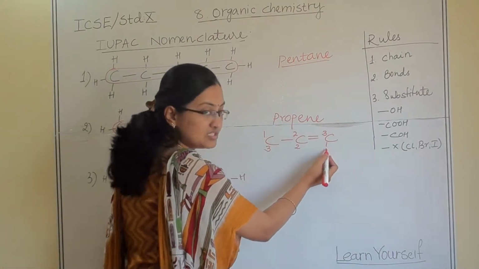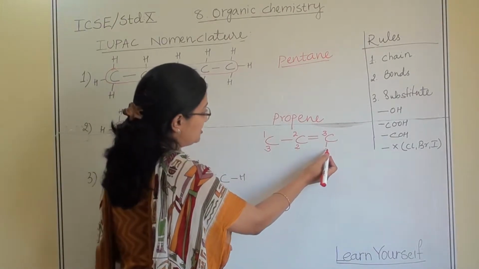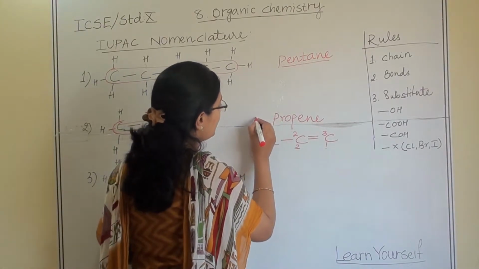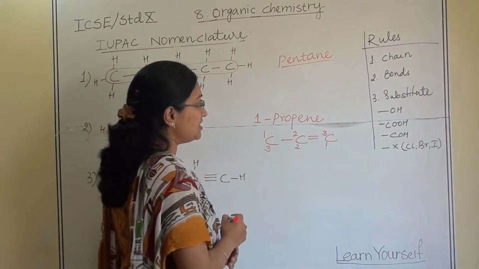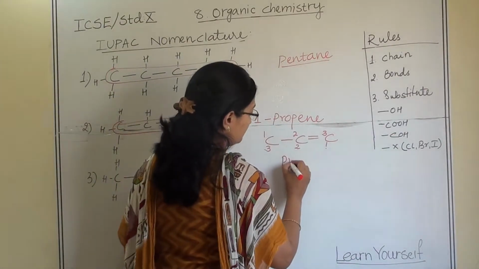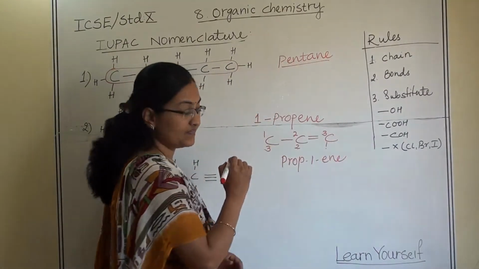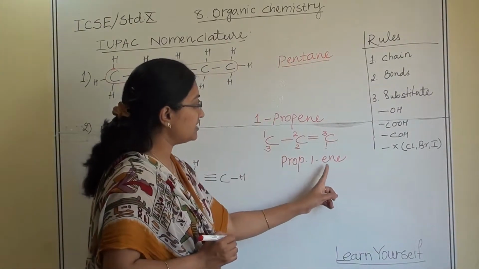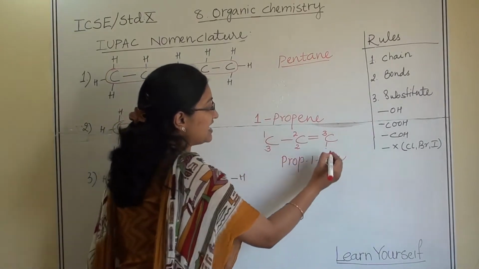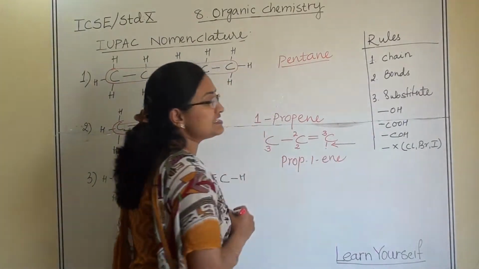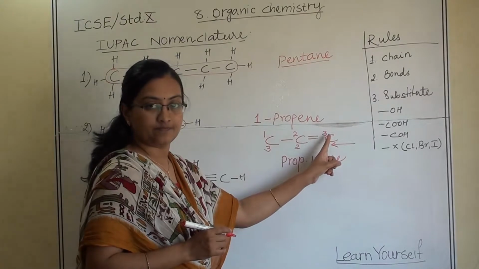So the first one is smallest. So I am writing here 1 propene, or prop 1 ene. That means prop-1-ene. So in this case I have followed this number pattern, not this. Right?